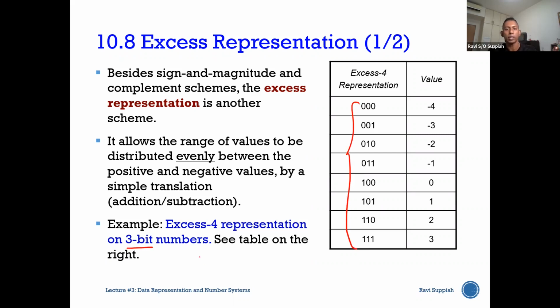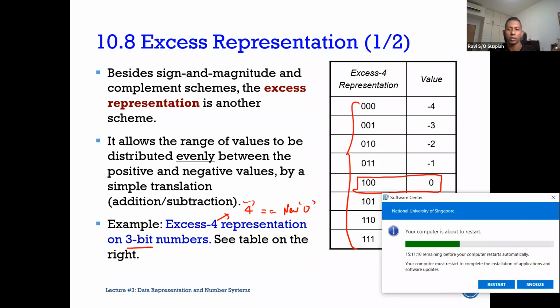But if I say I want it to be excess 4, that means the value 4 is equivalent to the new 0. We call it the new 0. So this 4 is now the new 0, and then from there you count forward and you count backward. So that is basically what is called the excess representation.